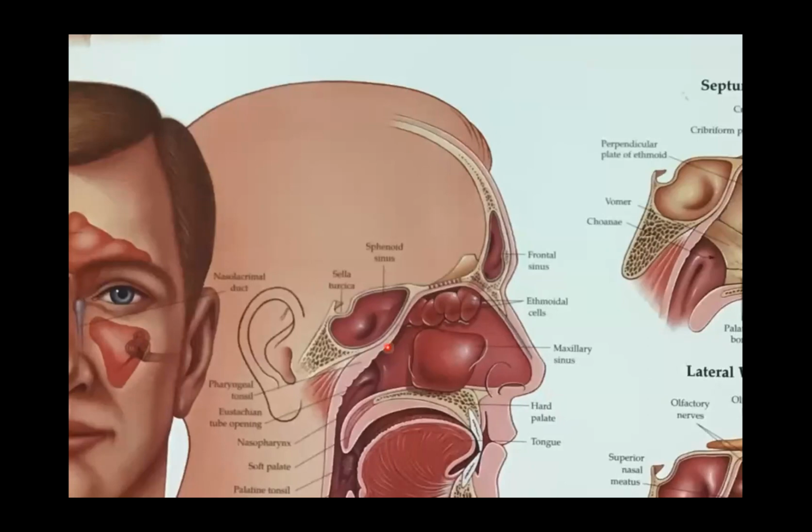Well, yes, it's a branch of the trigeminal. It gives innervation to the posterior nose, the sinuses, the septum, and a lot of the posterior nose as well.